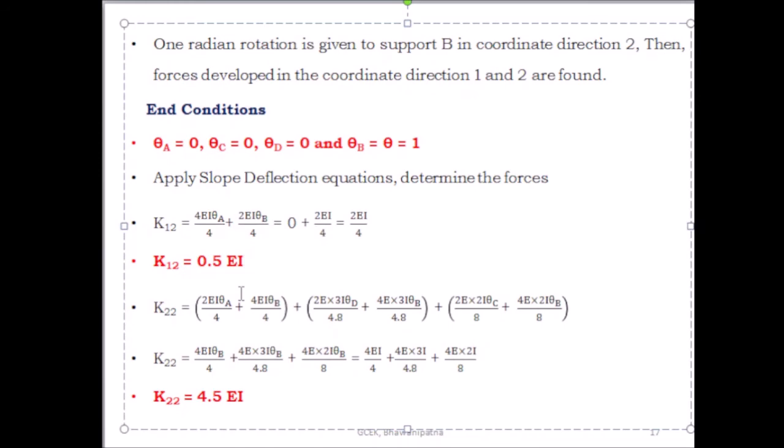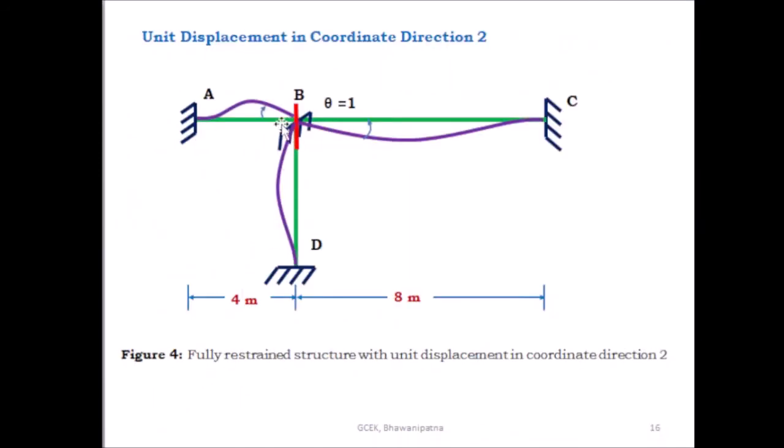Then find out K22, the force at coordinate 2 due to unit displacement at coordinate 2. Using the slope deflection equation, find the force from the AB span, from the BC span and from the BD span.